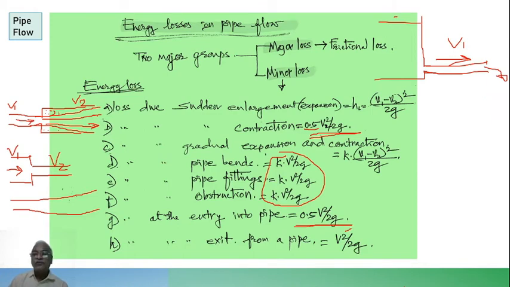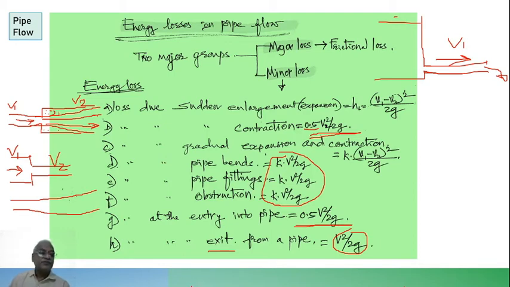The whole of the kinetic energy is lost when it comes out of the pipe. No more of that velocity will be there, it just dumps itself. Because of that, the loss due to exit would be the whole velocity head.